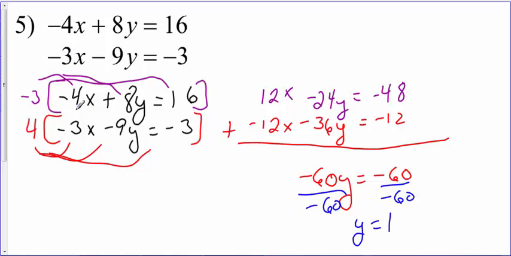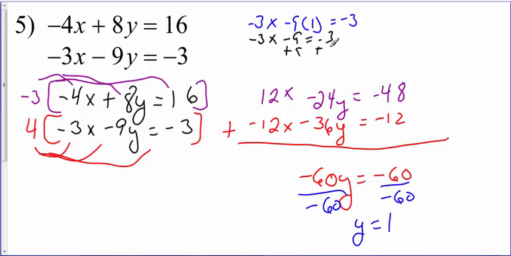What you can do now is either plug the 1 in for y in the top equation or the bottom equation. So I'm going to plug it into the equation down here. -3x minus 9 times 1 equals -3. So -3x minus 9 equals -3.